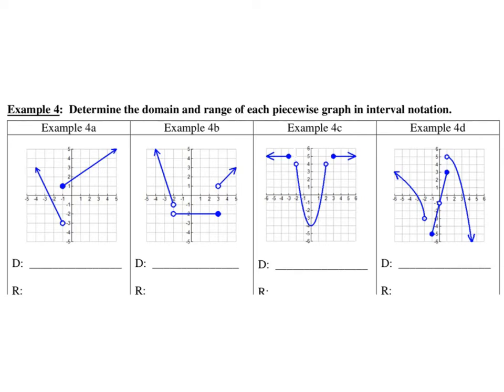Example 4. Determine the domain and range of each piecewise graph in interval notation. So the domain is all possible x's. And when you're looking for the domain, you need to scan the graph from left to right.